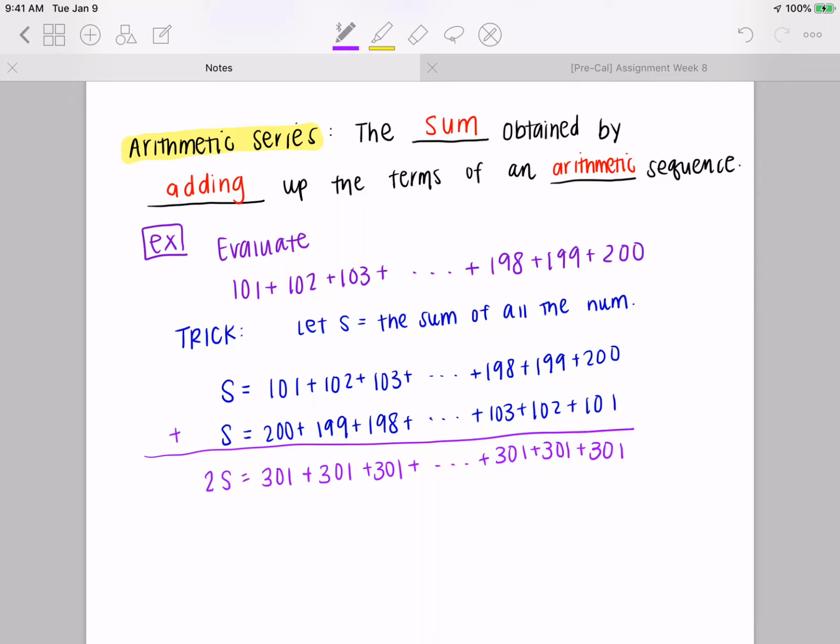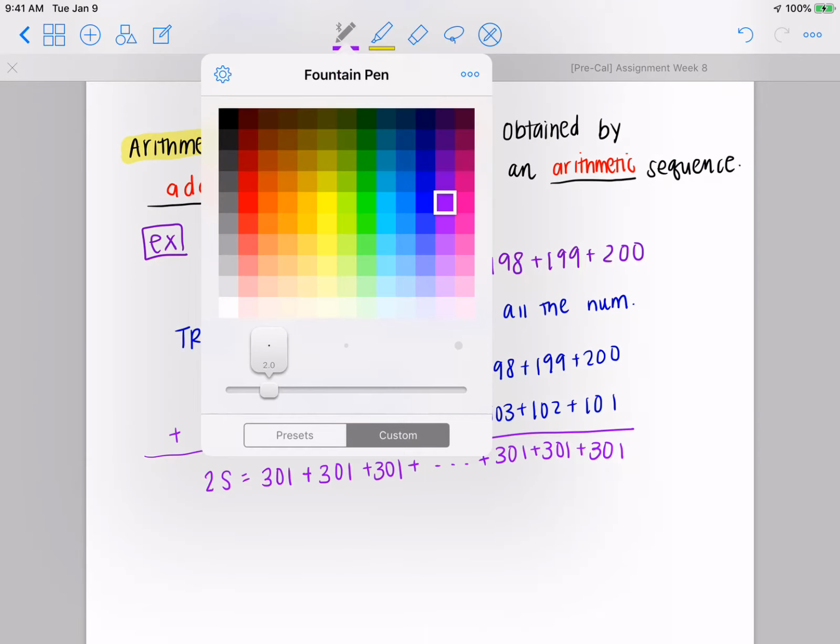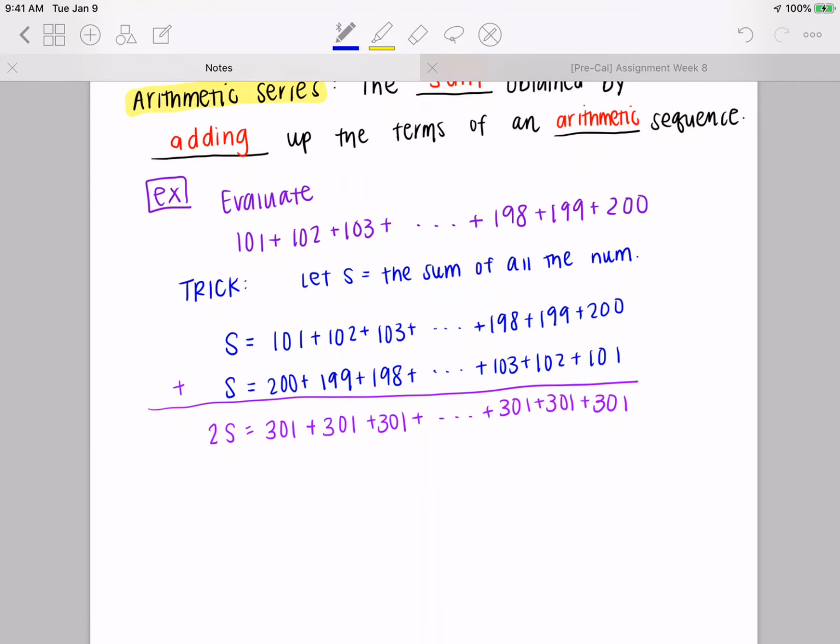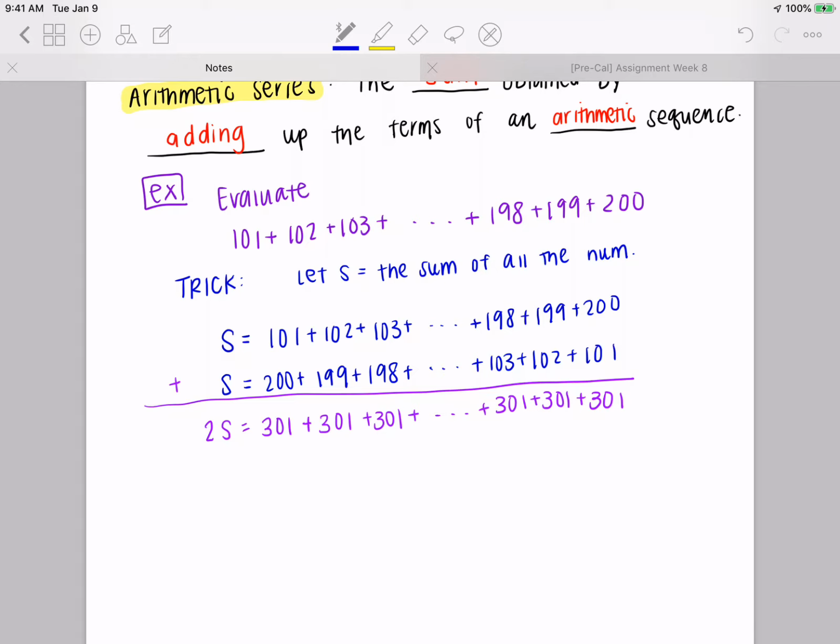Okay, so you would notice that these numbers that I'm adding up are all turning into 301. And how many of these 301s do you think we have? We have 100 of them because we have 100 numbers in here. From 101 all the way to 200, that is 100 numbers involved.